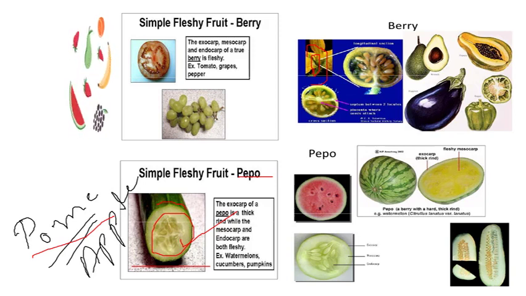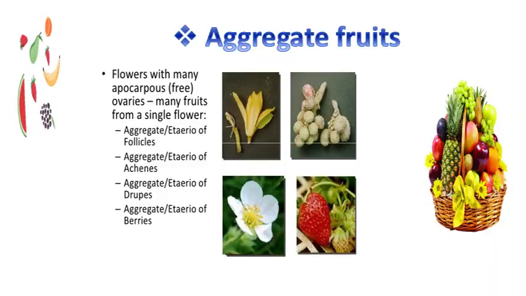Now we move towards the other major type of fruit, that is aggregate fruits. So simply the collection of simple fruits developed from an apocarpous pistil of a single flower is called an aggregate fruit.